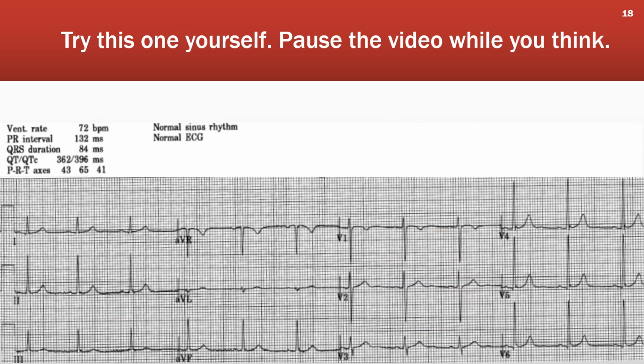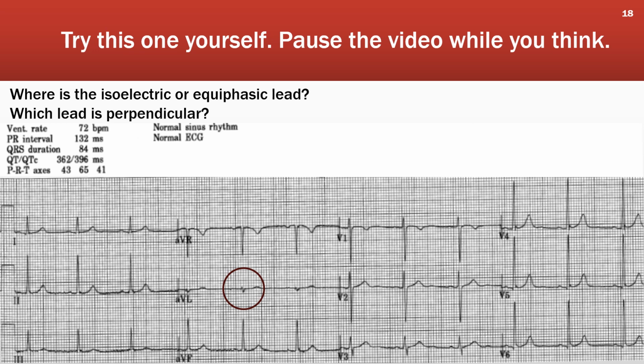Try this ECG yourself. Pause the video while you think about it. Where is the isoelectric or equiphasic lead? It's in lead AVL. Okay, which lead is perpendicular to lead AVL?